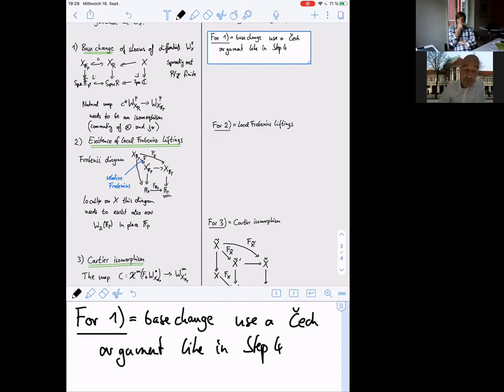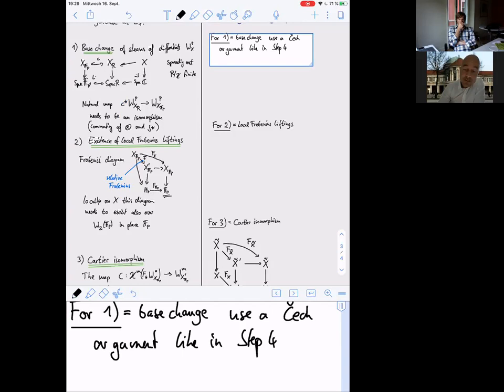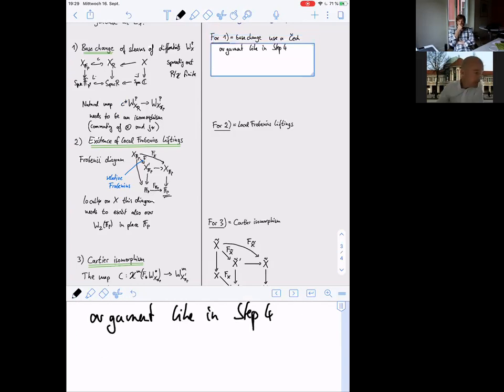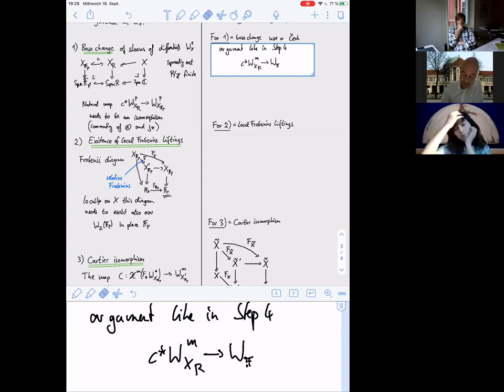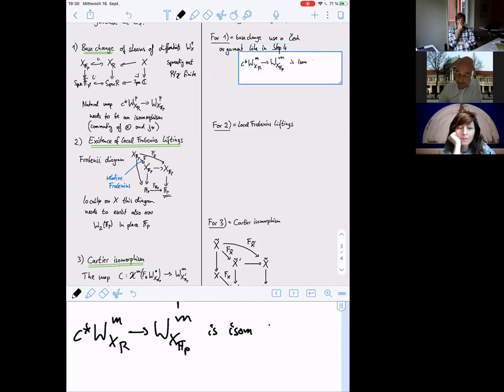So the key step is here that you know that the map C^* from X_R^m to F_p X_{F_p} is an isomorphism. You might not know it for all primes, but it's enough to have it for infinitely many primes.